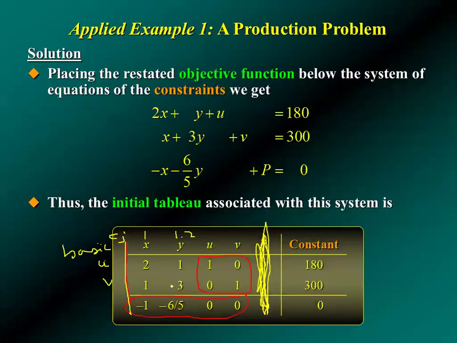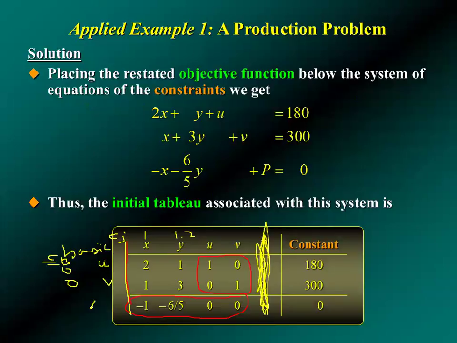And what are the basic coefficients? The basic variables are u and v. What are their coefficients? They're 0, because the basic variables u and v do not enter into the objective function. So, basic coefficients in this case are both 0.